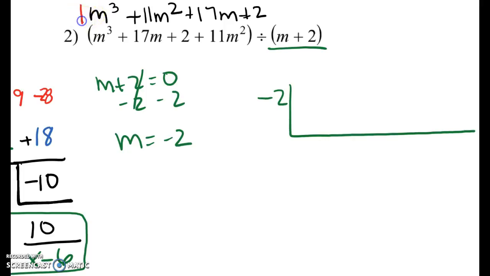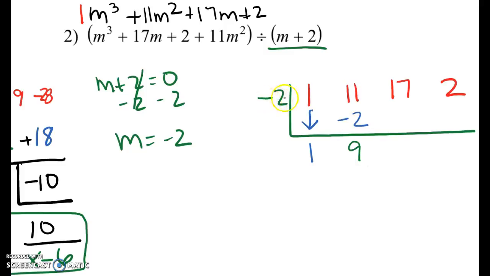Now I'm going to replace the coefficients here. So I have 1, 11, 17, and 2. We're going to go ahead and drop it like it's hot. So drop the 1, multiply. Negative 2 times 1 is negative 2. If I add those, I'm going to get 9.